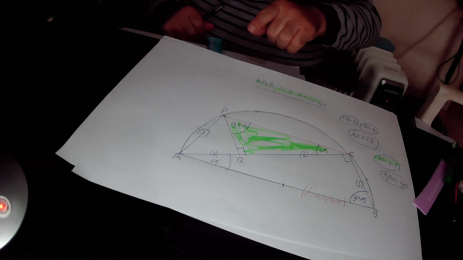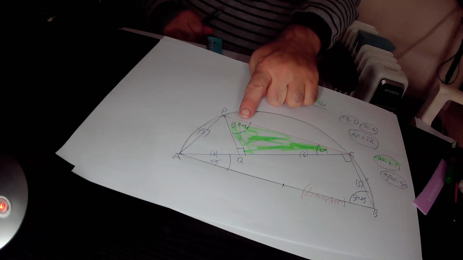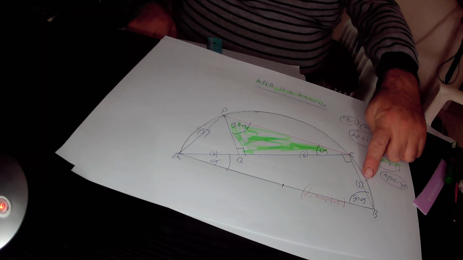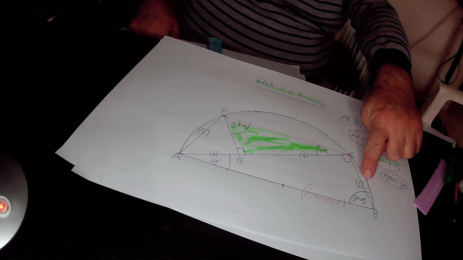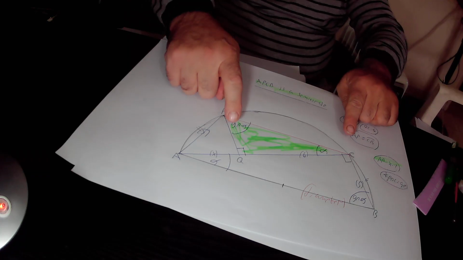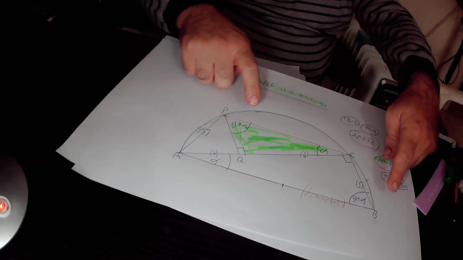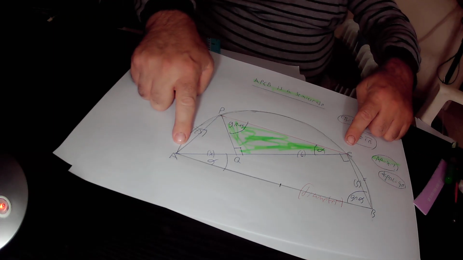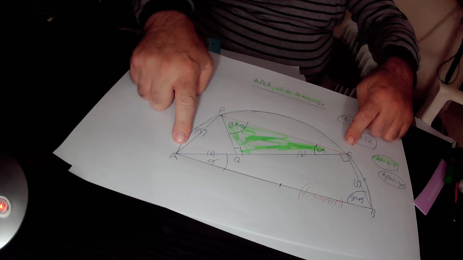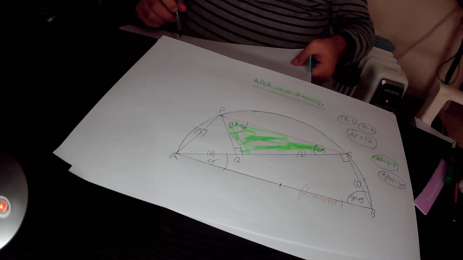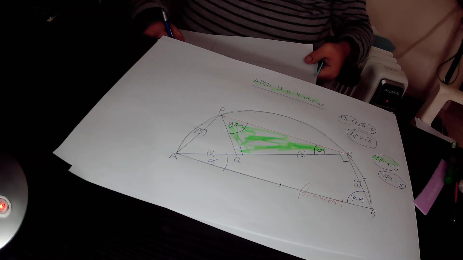Side PQ of this green right triangle PQC over side CB of this right lower triangle ABC is equal to side QC of this green right triangle PQC over side AC of this right lower triangle ABC. So I'll write it down: PQ over CB equals QC over AC.